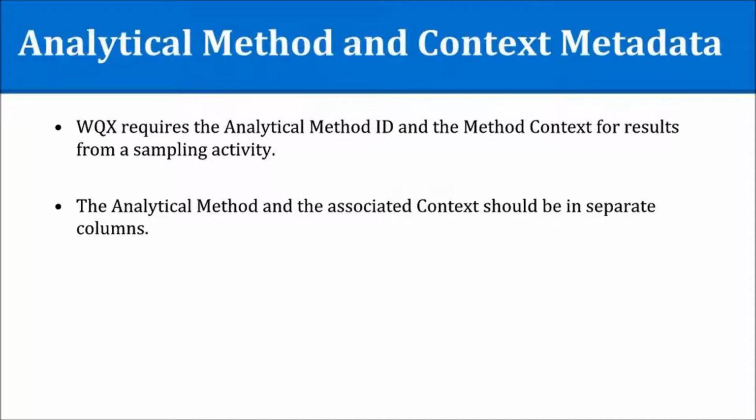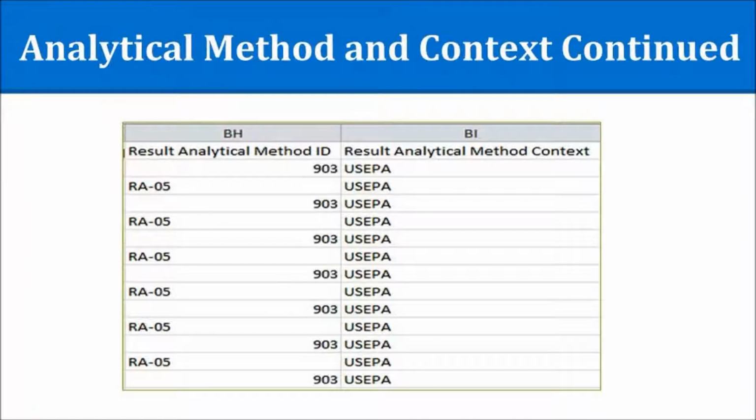For example, you have your result analytical method as 903, and the person who came up with that method is the US EPA. Or for phosphorus, for example, you might have RA05, and then obviously the same context as US EPA. You can usually find this information within your lab information from them.